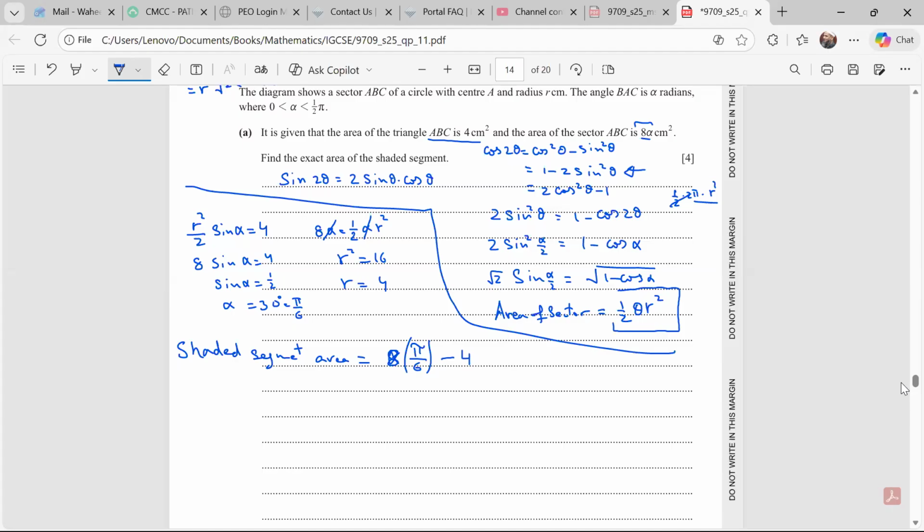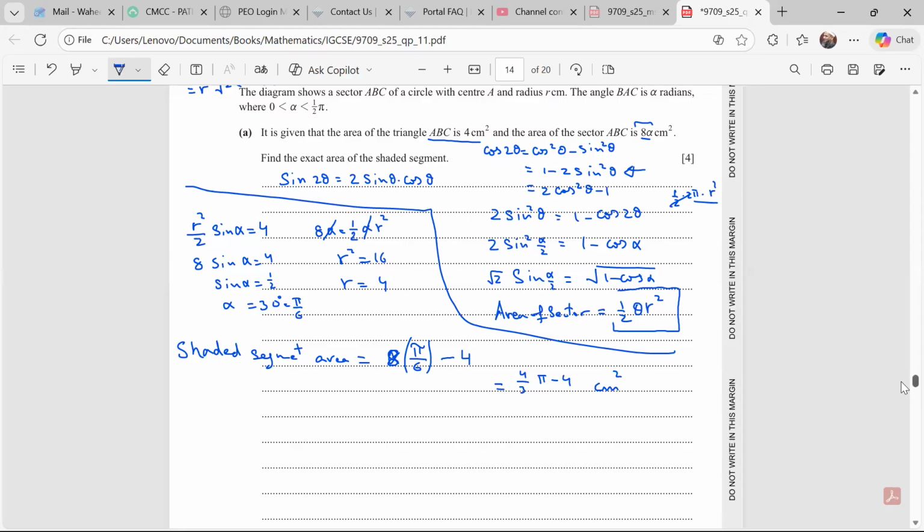So this will simplify as 4 by 3 pi minus 4. Since they're asking you to find the exact answer, I will leave it over here. So 4 pi by 3 minus 4 centimeters square. This is the area of the shaded region.